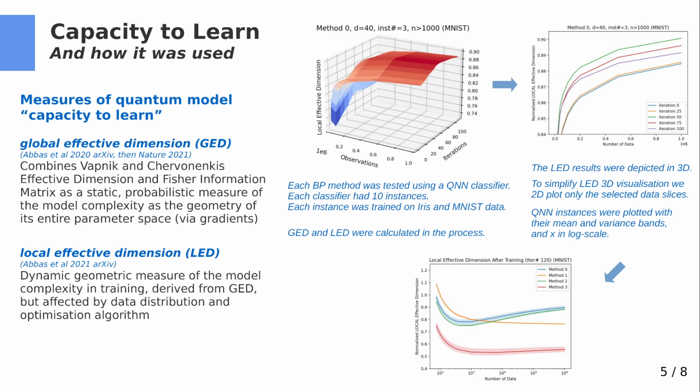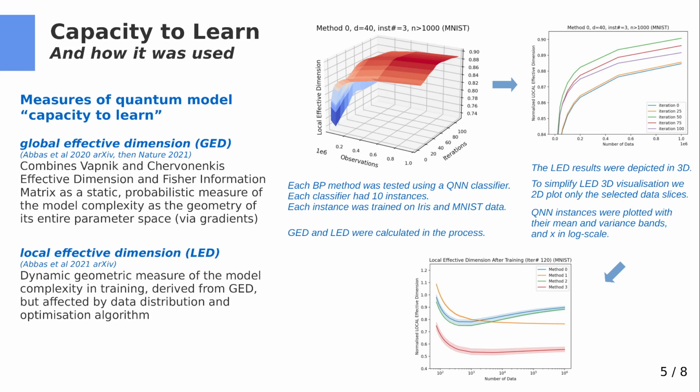In the process of developing and optimizing those models, we calculated global effective dimension and local effective dimension, and the results can be depicted in 3 dimensions, where the local effective dimension could be related to optimization iterations versus number of observations, or actually the number of samples used to calculate the Fisher information matrix.